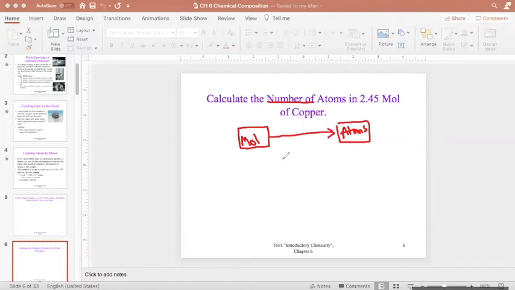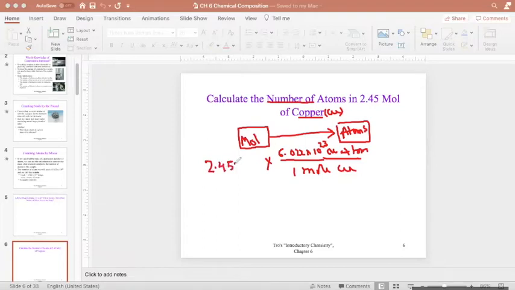And once we make the box, we can make a conversion factor. Yes, I can write 6.022 times 10 to the power 23 copper atoms, copper is your Cu, over 1 mole of copper. This is the Avogadro rule, right? And once you make the conversion factor, you can write your given number, which is 2.45 moles of copper.